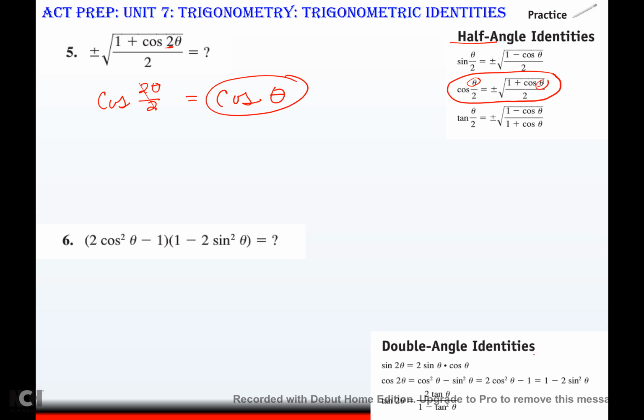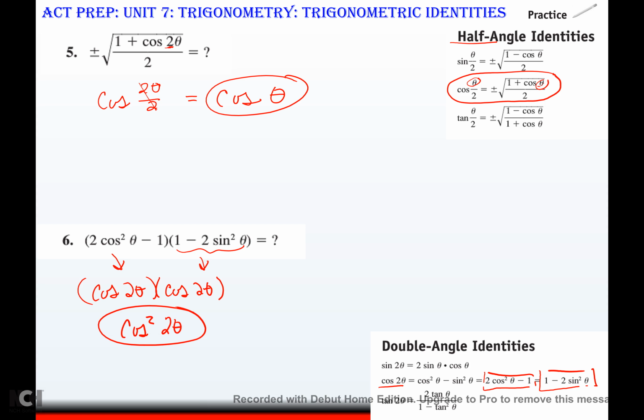If you have 2 cosine squared theta minus 1, that's equal to cosine 2 theta. And then I'm looking, and I got 1 minus 2 sine squared theta, which is this one. So that also equals cosine of 2 theta. That's going to give me cosine squared of 2 theta. And there you go.